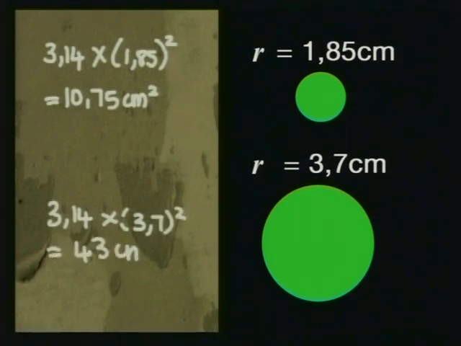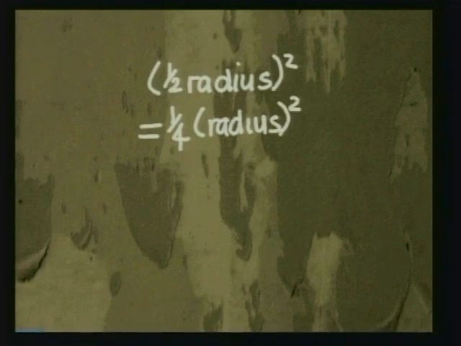That's 43 square centimeters. The area of the small circle is 4 times smaller than the area of the circles on the bigger cylinder. Did you notice that we squared the radius to find the area of a circle? So squaring a half times the radius will make a quarter times the radius squared.